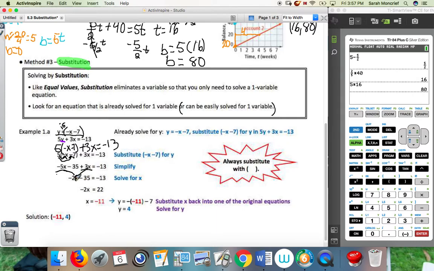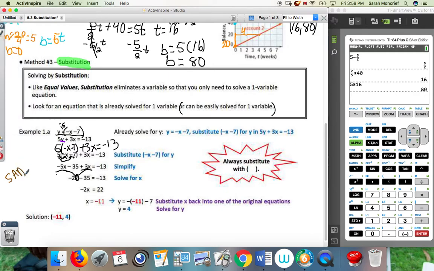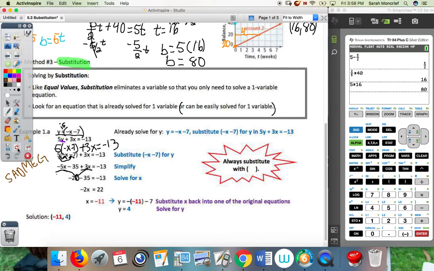And now we are ready to do reverse order of operations, or SADMEG, in order to solve for x. If I have negative 2x minus 35 is equal to negative 13, what's going to be my first step to get that x by itself?